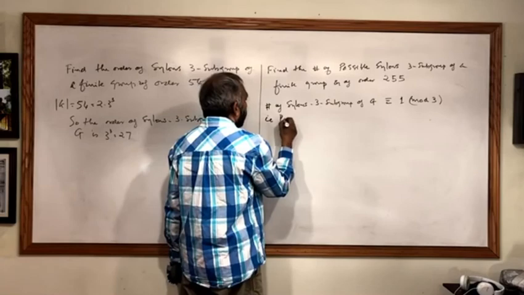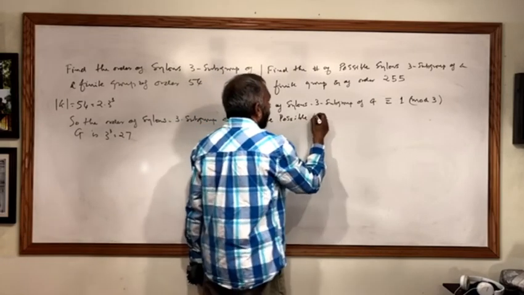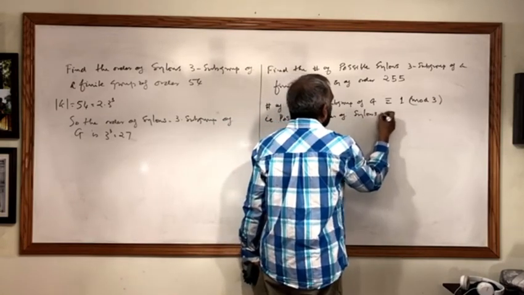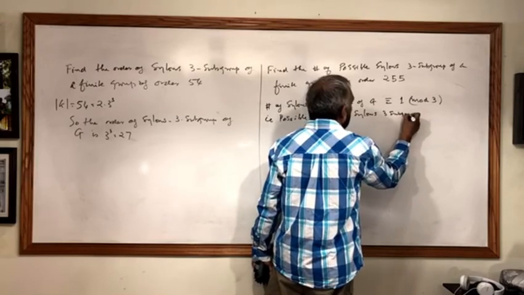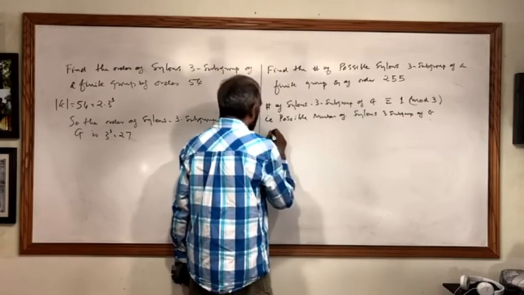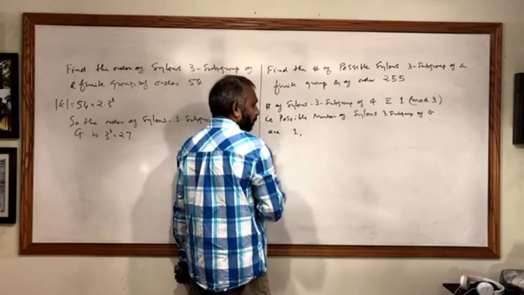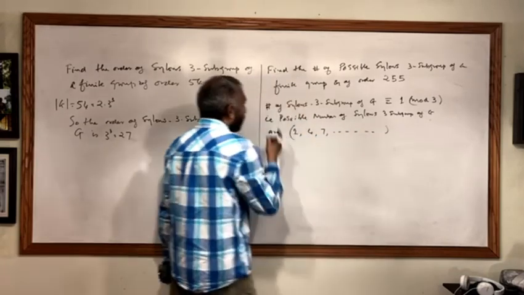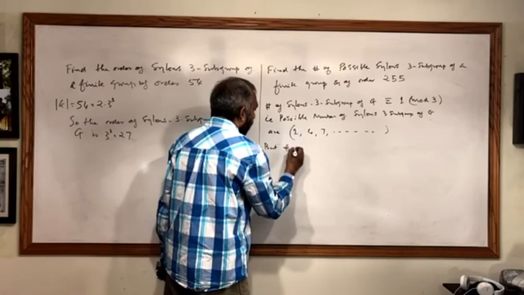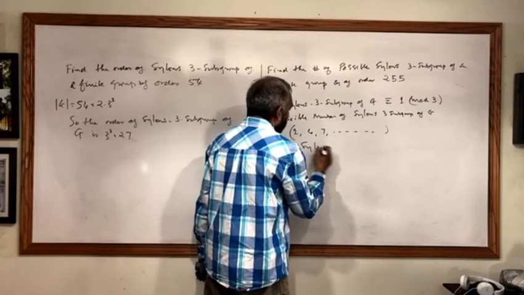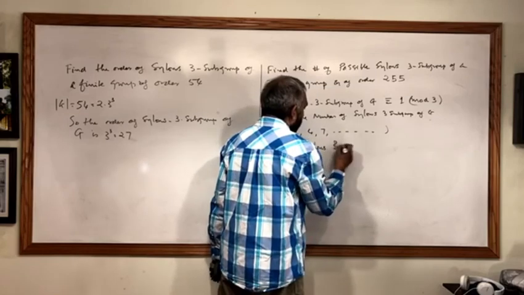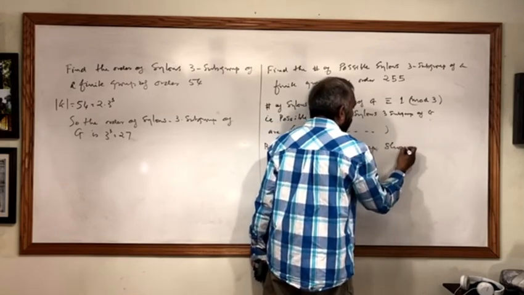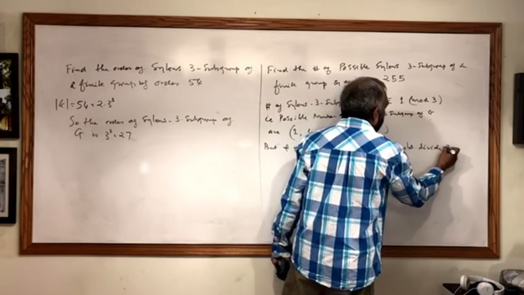That is, the possible numbers of Sylow's 3 subgroups of G are 1, 4, 7, and so on. But the number of Sylow's 3 subgroups should divide 255.